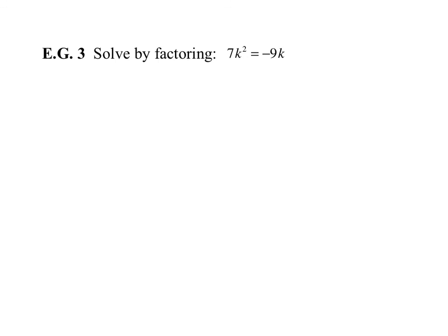Our second and last example for the notes today, we have to bring over the middle term here. So 7k squared plus 9k equals 0. That's step 1.